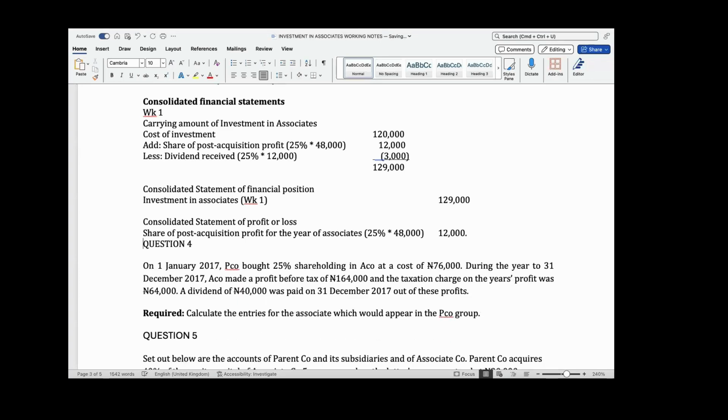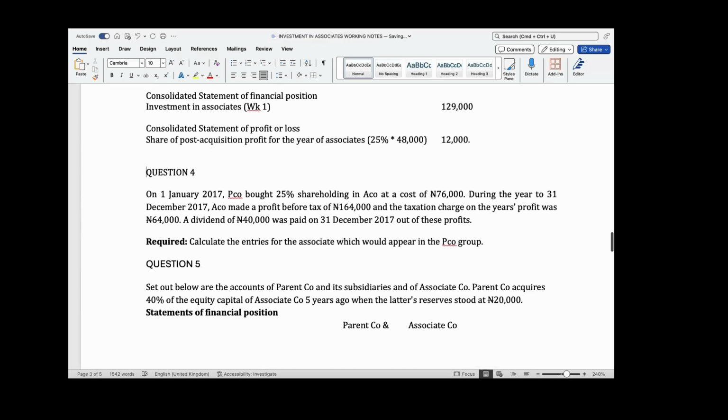Question 4. Says on 4 January 2017, Pico bought a 25% shareholding in ECO at a cost of 76,000. During the year to 31st December 2017, ECO made a profit before tax of 164,000 and the taxation charge on the year's profit was 64,000.